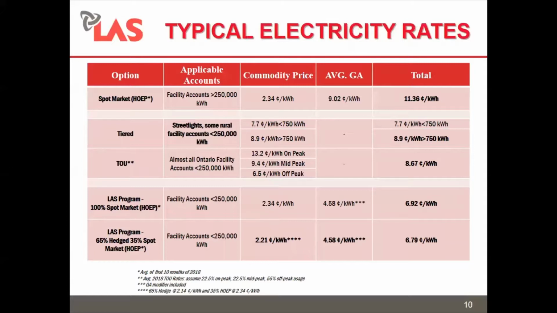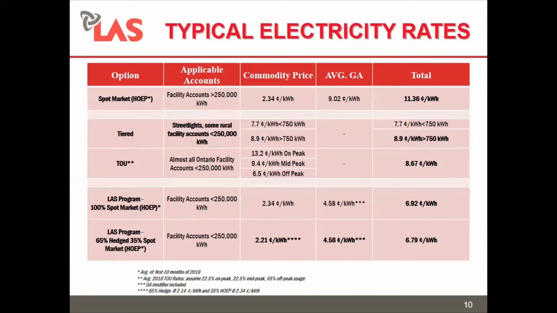Like I said, the first line you will see is the spot market rate. So say you are a large account and use 250,000 a year: the commodity price, the HOEP portion, is 2.34 for the first 10 months of this year, and the GA portion is 9.02, and the total you're paying is 11.36. For the tier rate and the TOU rate, we are using the portfolio of a typical LS customer.